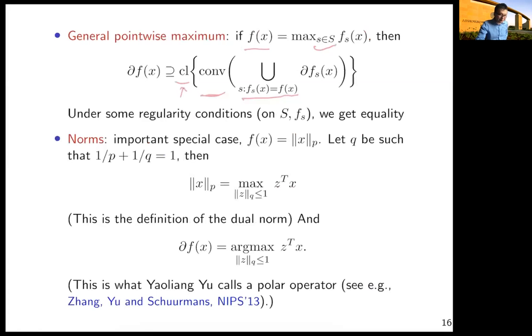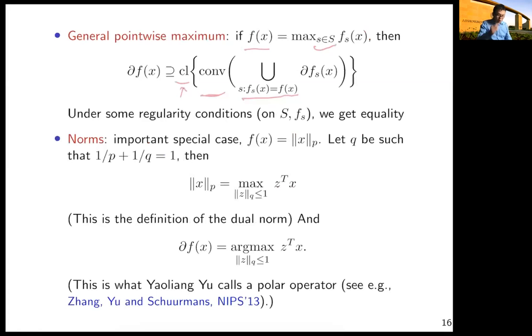Under the additional regularity conditions, we can write the inclusion in the other direction, so we can characterize the subdifferential of f of x for the pointwise supremum. I wanted to give a number of useful examples for the pointwise maximum and pointwise supremum, and then work out the details.